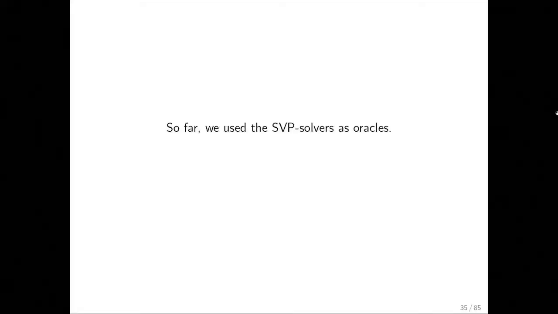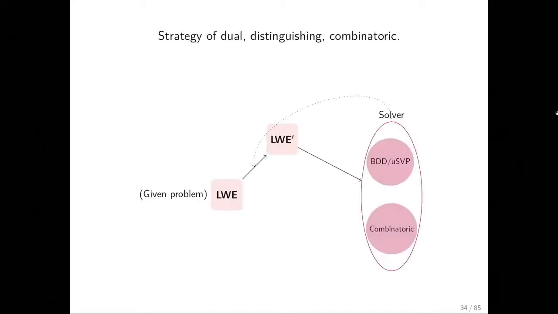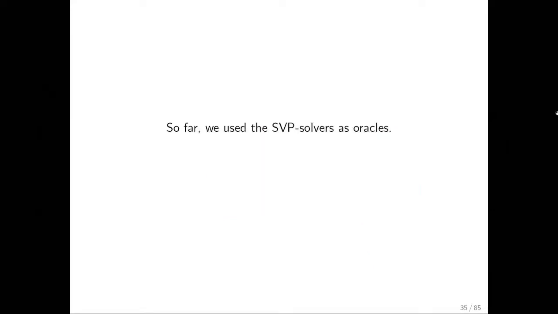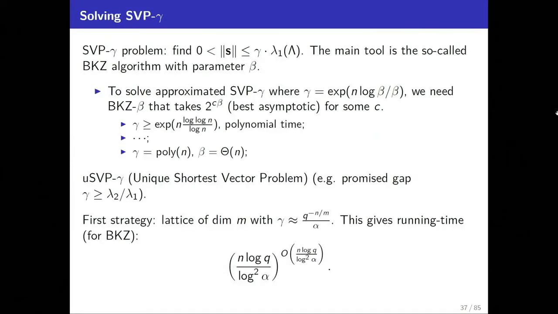Okay. So far, I only talked about the strategies for solving LWE, where I kept the solver as an oracle. I didn't really open up the running time of these solvers. In this section, I'm going to open that up and give a little bit of running time on the algorithms for solving the SVP problem and the unique SVP problem.